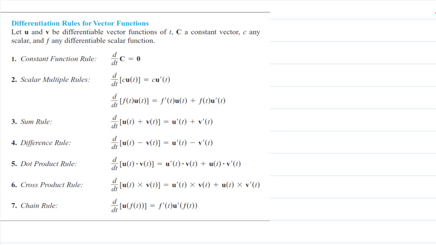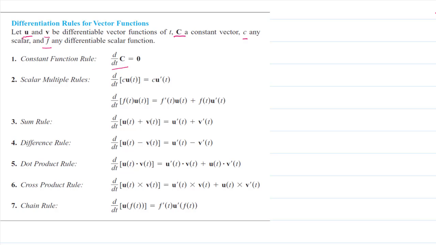Look at this here. If u and v are differentiable vector functions of t, capital C is a constant vector and C any real number or scalar number. And suppose f is a differentiable scalar function. Derivative of constant vector is equal 0.